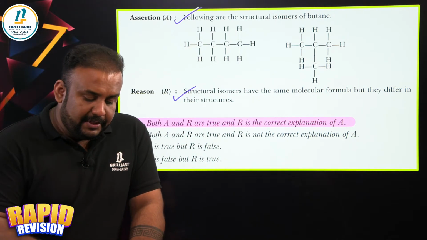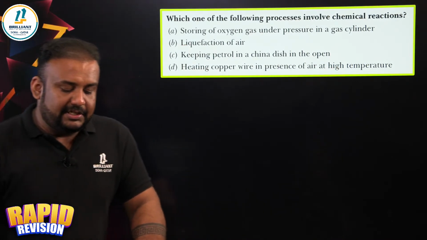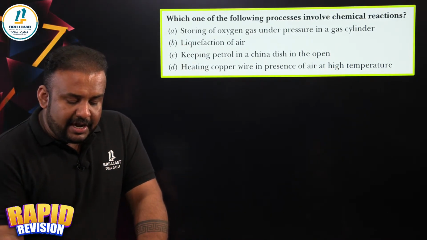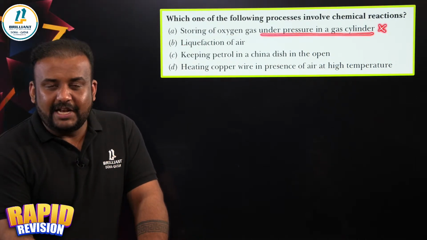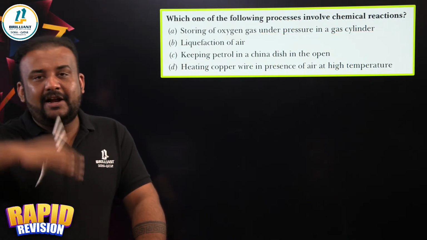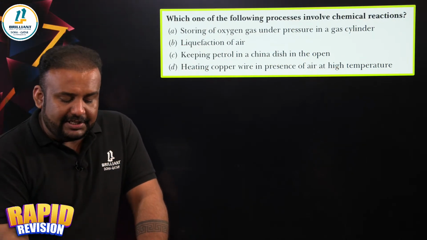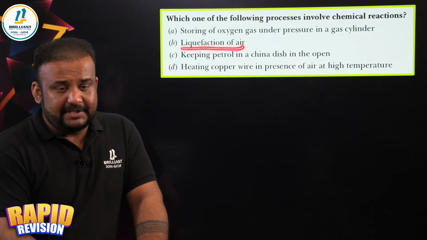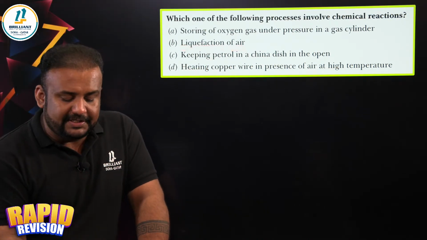Right. The next one. Which of the following process involve chemical reactions? Storing of oxygen gas under pressure in a gas cylinder. It is not chemical change. Why? Because there is no new substance formed. We are just making it compressed. It's still oxygen only. Liquefaction of air. Still there is no chemical change happening. There is no new substance formed.